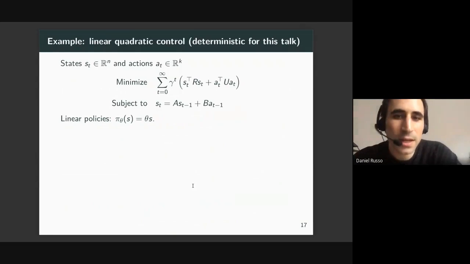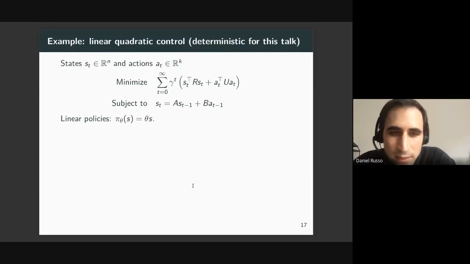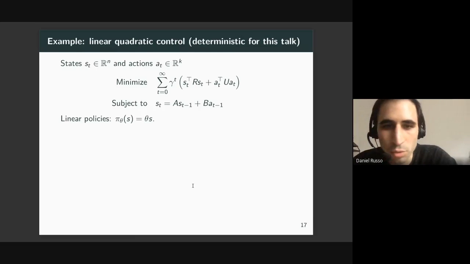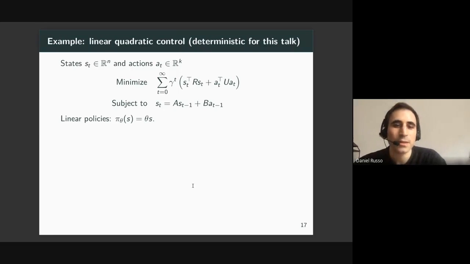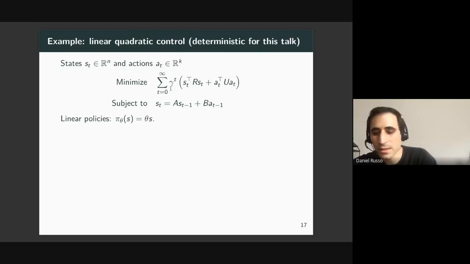In the remaining time, let me just make this slightly more concrete by looking at the linear quadratic control example that in many ways inspired this work. In linear quadratic control, we face the problem of minimizing the infinite horizon discounted sum of single stage costs that are convex quadratic functions of the state and action vectors.